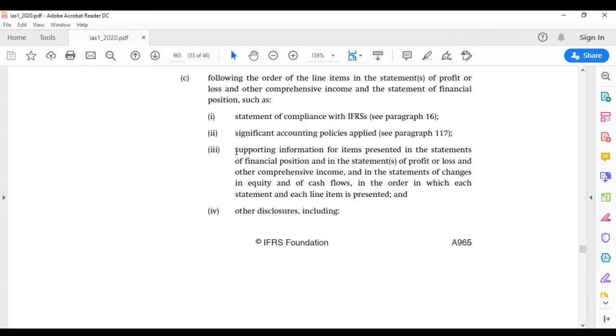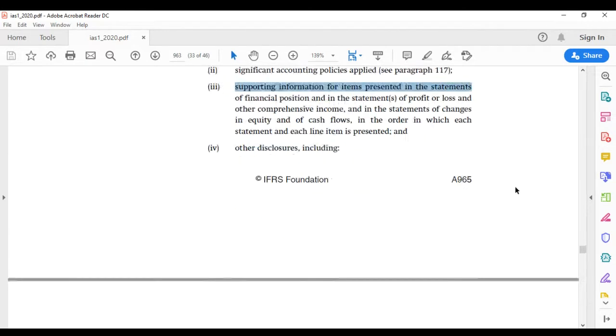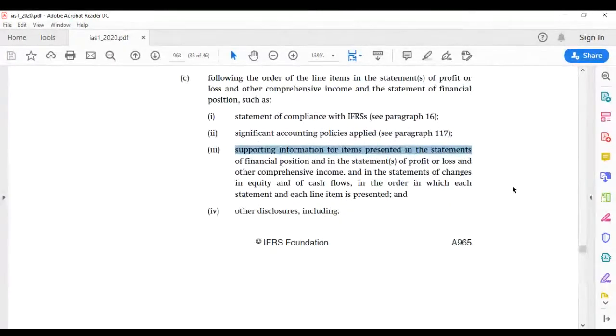The next type of note would be supporting information for items presented in the financial statements. So that is where you are going to describe further disclosure, where you're going to disaggregate, for instance, property, plant, and equipment. It's an item that is already in your financial statements, but you've only got an aggregate there.